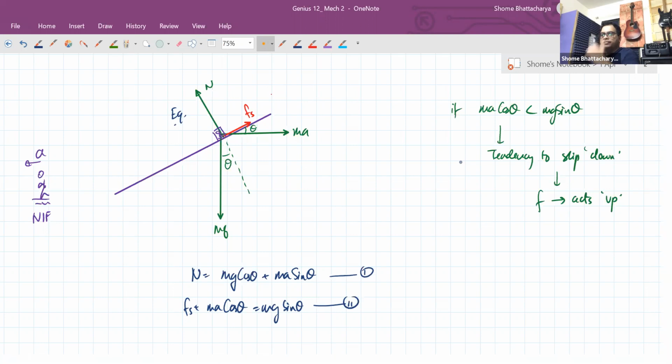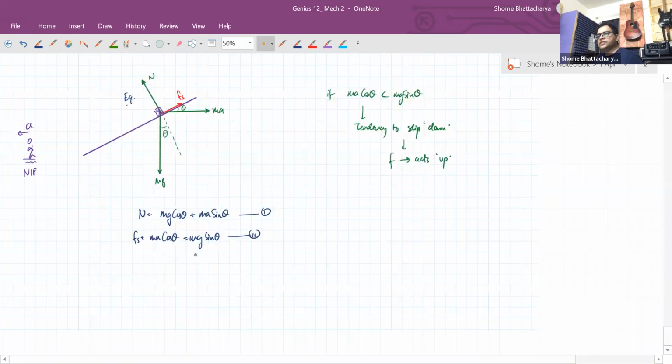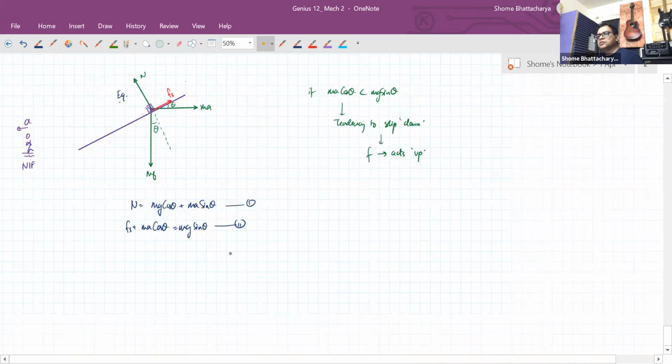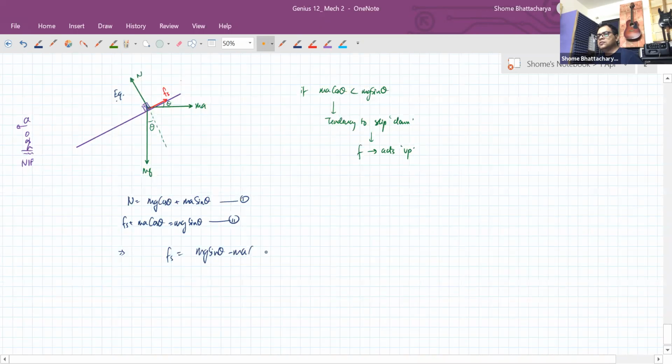So from this we will get that static friction should be less than or equal to mu N. So mg sin theta minus mA cos theta should be less than or equal to mu times N, which from above is mg cos theta plus mA sin theta.